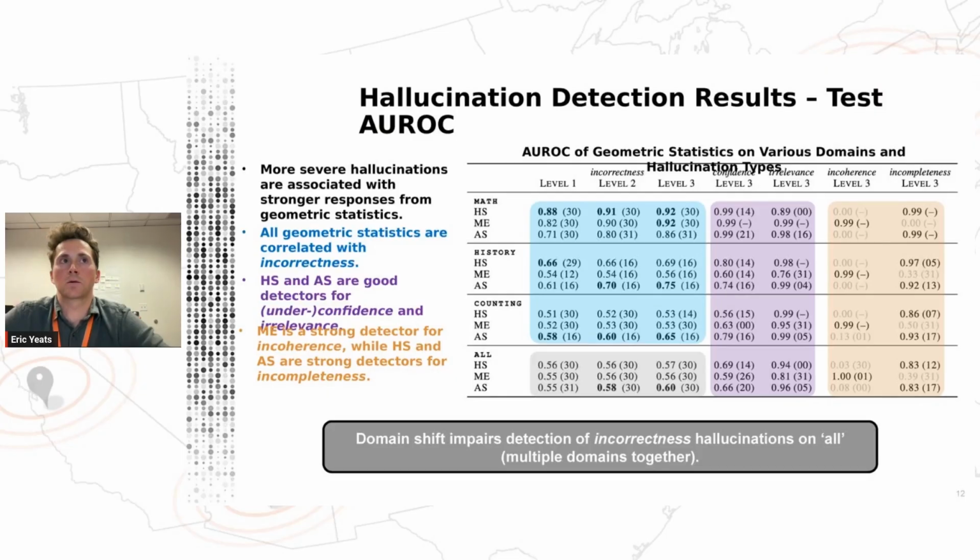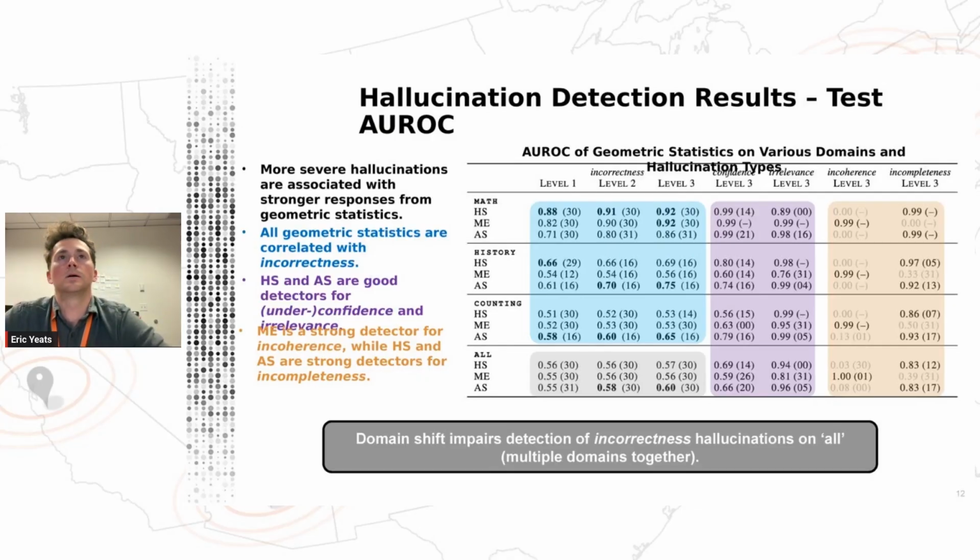As you look down columns, you can see these scores for the different geometric statistics on, say, math, history, or counting. And each column corresponds to a specific hallucination type, or in the case of incorrectness, a certain level of hallucination, where level 1 is the least severe hallucination, and level 3 is the most severe.